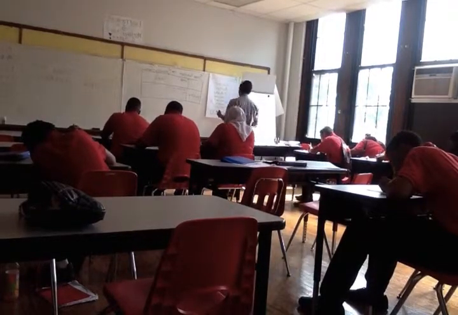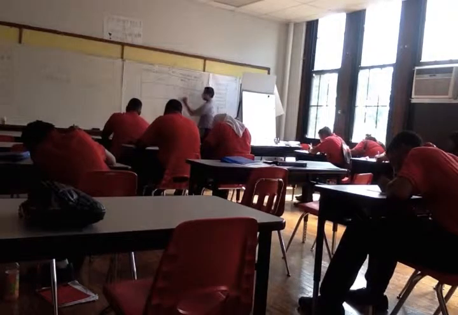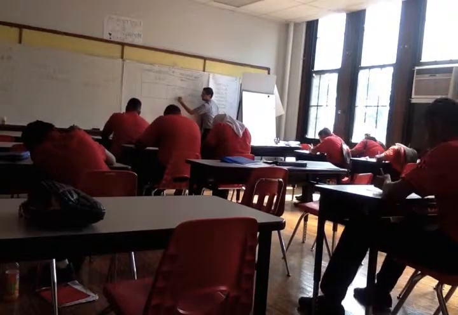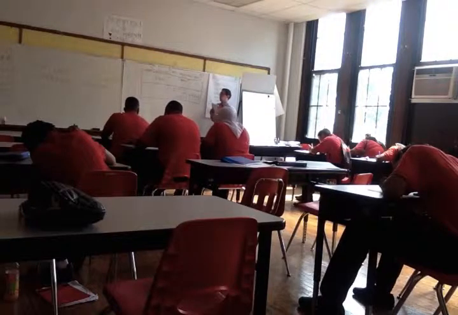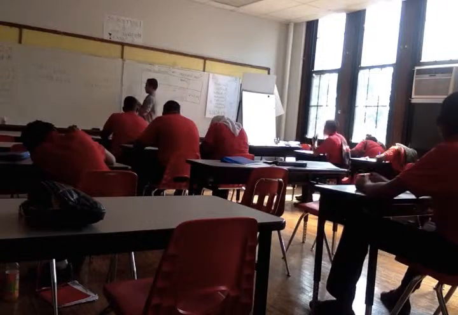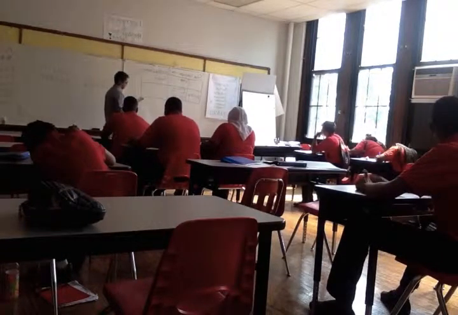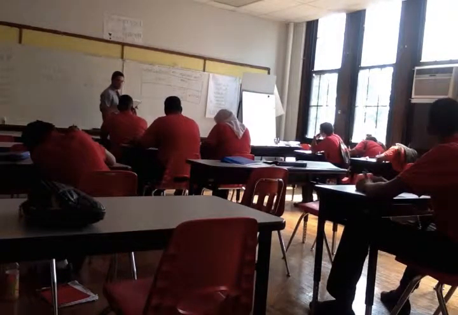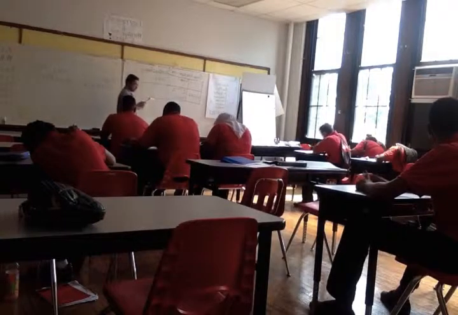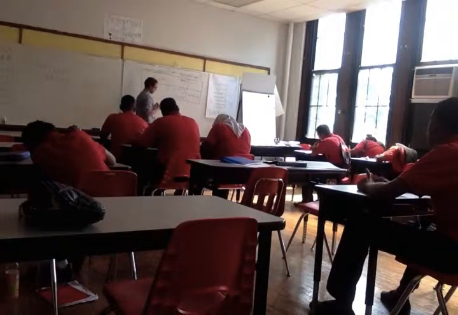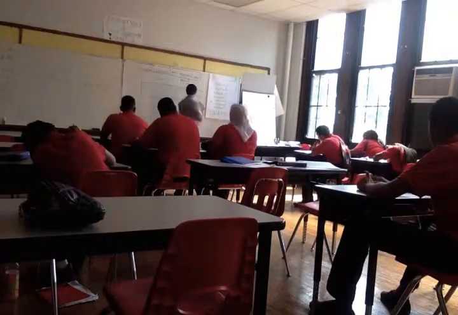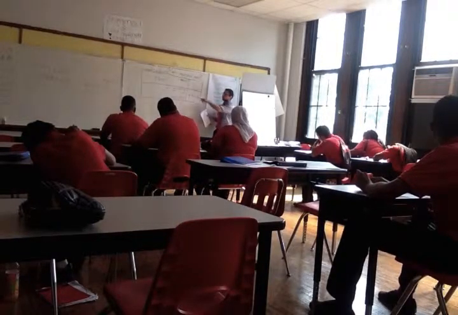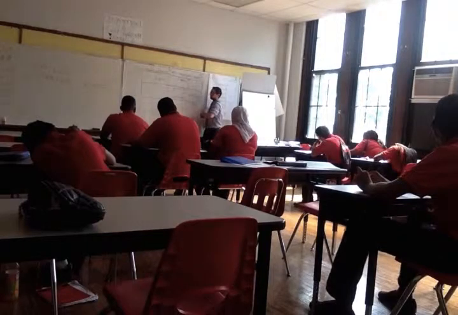Great. Okay, so now we have y plus 6 equals 10x. Okay? So when you get plus 6, I'm going to put plus 6 because I'm subtracting it from this side.